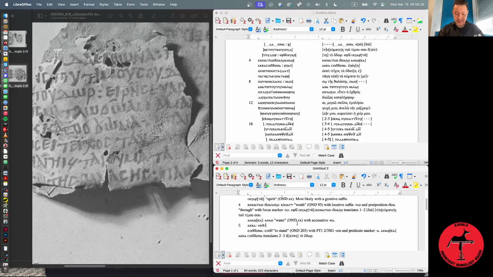this is a verb with predicate marker. Oh, it's a converb. Do we have any good candidates with ak?